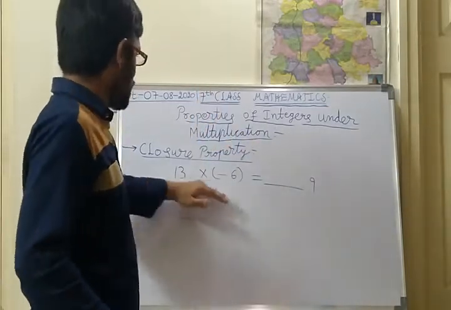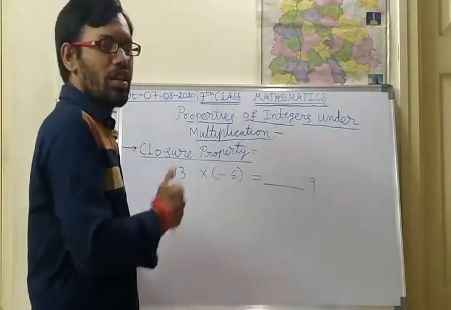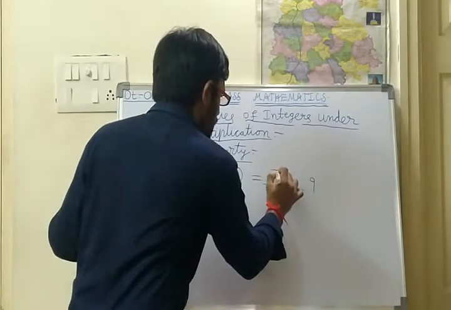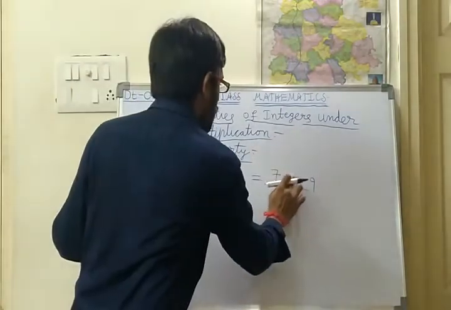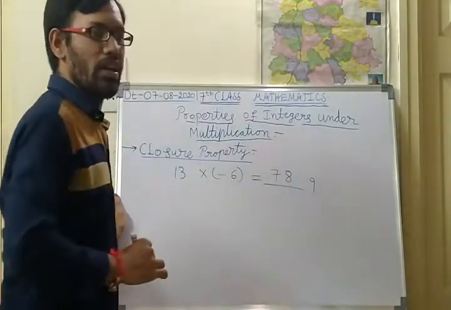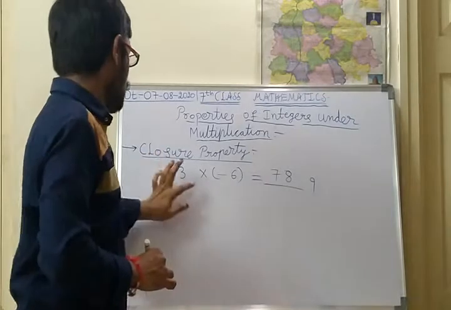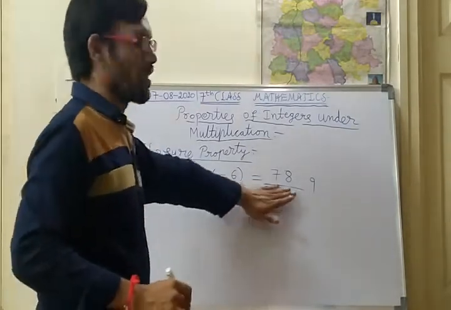So what is 13 into 6? 13 into 6 is 72. Okay, sorry, 13 into 6 is 78.